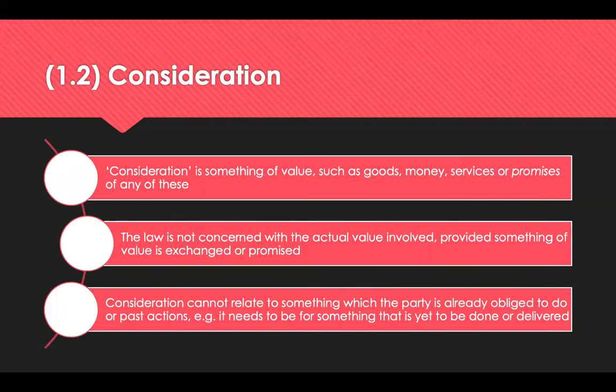Now, a valid contract must involve an exchange between contracting parties, and it needs to be something of value. And in the case of the buyer and supplier, this will normally involve goods or services in exchange for money. The court has no interest in the amount itself as long as there's something of value to be exchanged.